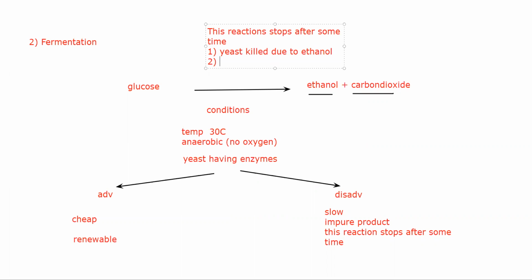Second thing, maybe temperature rise due to carbon dioxide. Carbon dioxide can absorb the heat, so the temperature rises, which denatures enzymes. So enzymes, or biological catalysts, are effective only at a certain temperature. So these are the reasons that this reaction stops after some time.